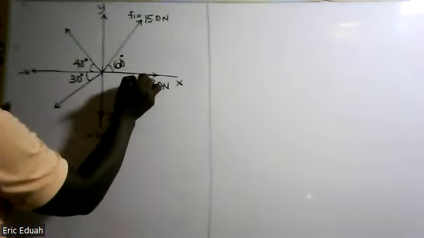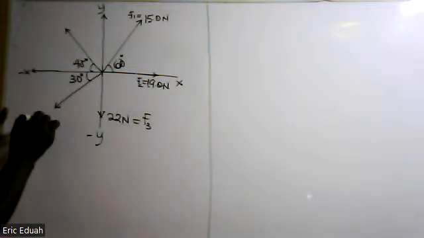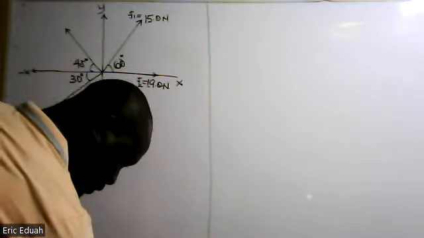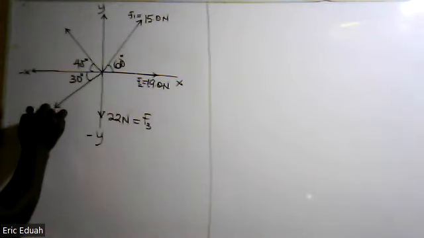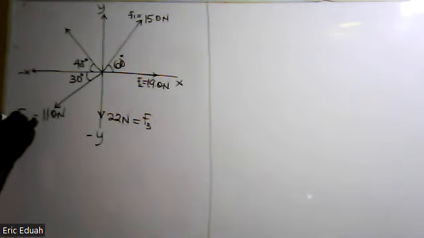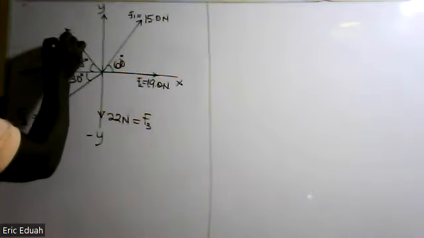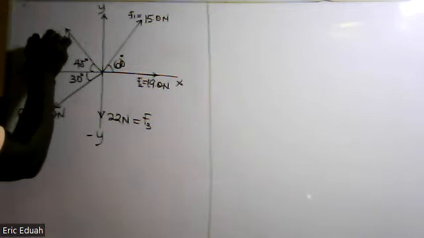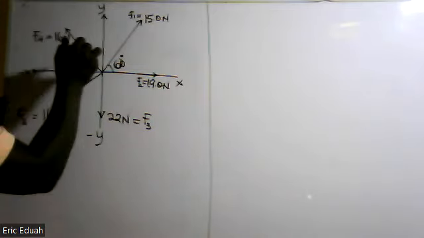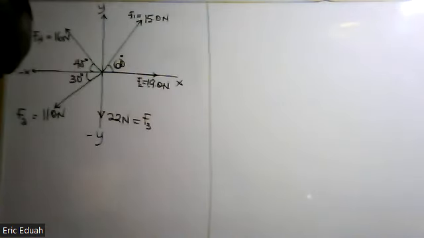Okay, let's pick them one after the other. F1, F2, F3. The magnitude of this is 11.0 Newton, and this is F3. F4, the magnitude of F4 is 16. Is this the 11 Newtons F4?